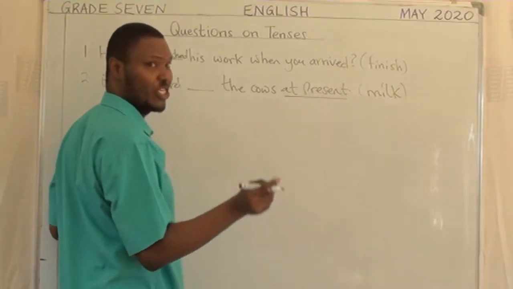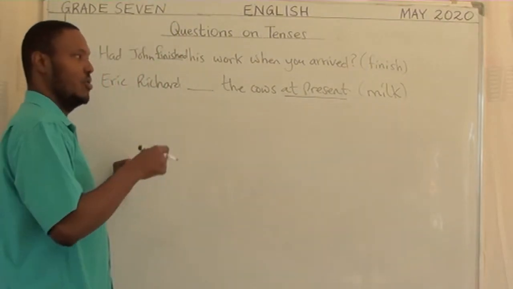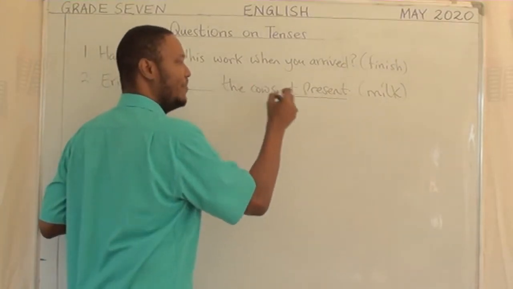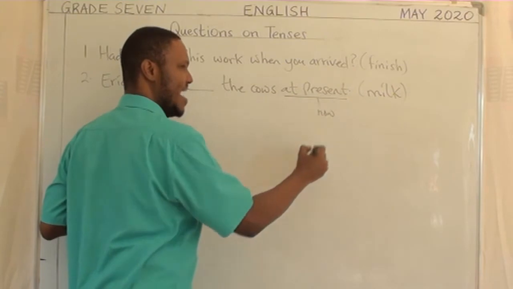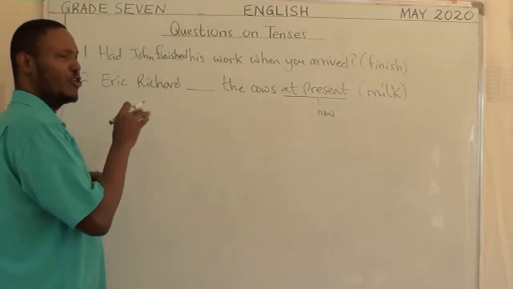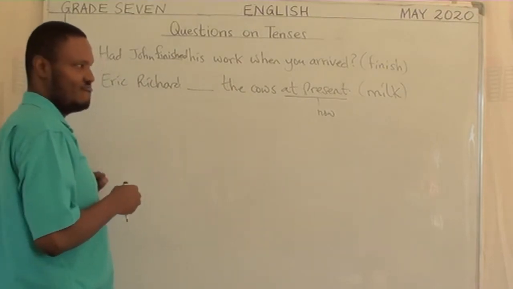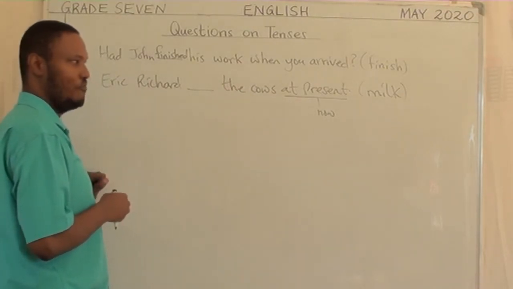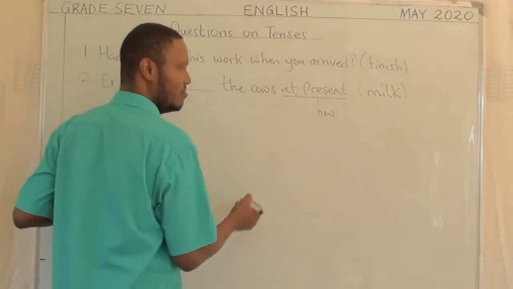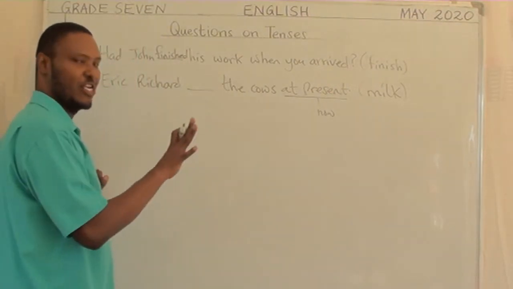Dear people, what is one word that can be used instead of at present? So one word for at present is now. And in which tense do we talk about now? So at present, now, or presently, or currently, those are different words that you can use.